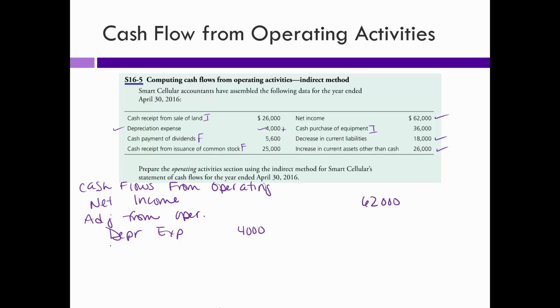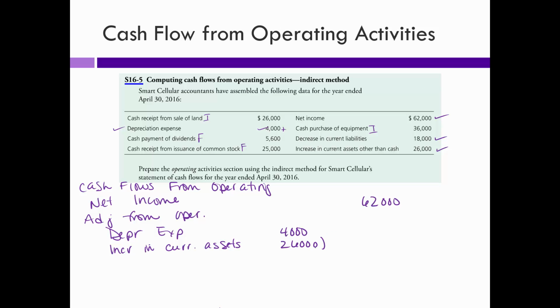And then I've got increase in current assets. What they did is they took all of our current assets and lumped them into one thing for us. So instead of doing increase in accounts receivable, decrease in merchandise inventory, they lumped them all together in one. So increase in current assets is 26,000, but because it's a current asset, they work in the opposite direction, right?